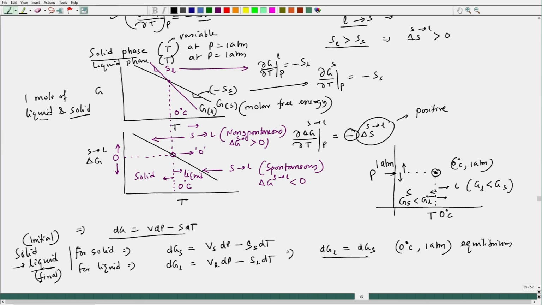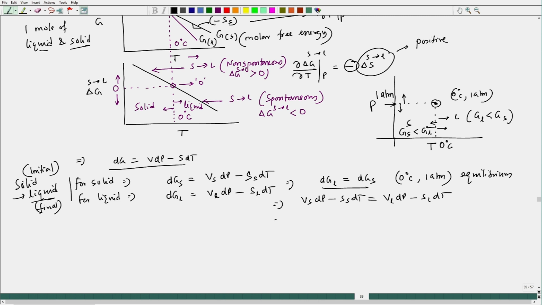So, I can write it as V S dP minus S S dT equal to V L dP minus S L dT. Since it is solid to liquid, I convert everything into the form of solid to liquid.